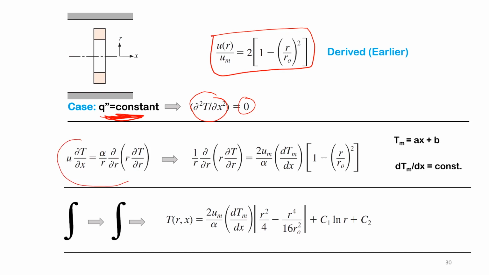So this expression is going to be simplified further. It's going to be simplified into this form, which is dTm/dx times a constant now. This is a constant here. So that means you can integrate this, and after you integrate, you get this relationship.